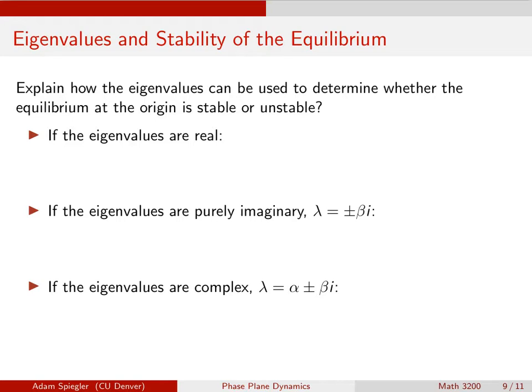If the eigenvalues are real, then one possibility is that both of the eigenvalues are positive. And when that happens, that's when the equilibrium at the origin is very unstable.